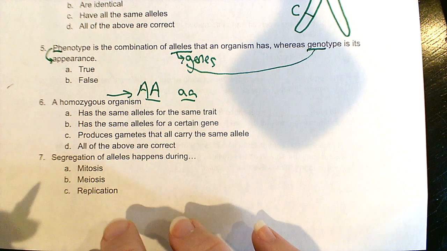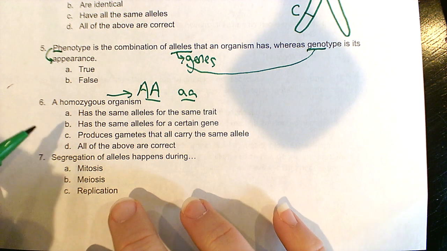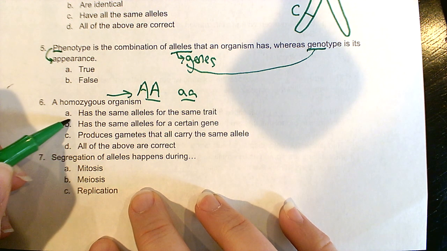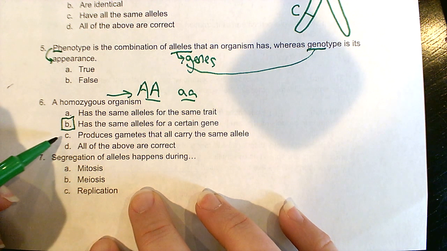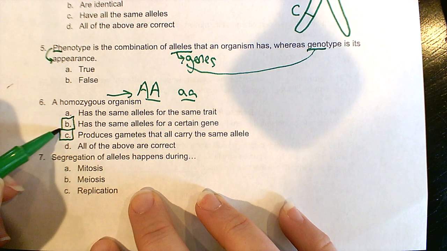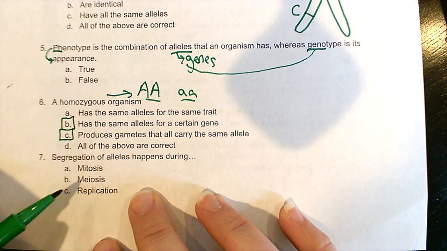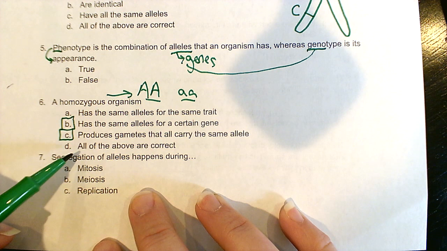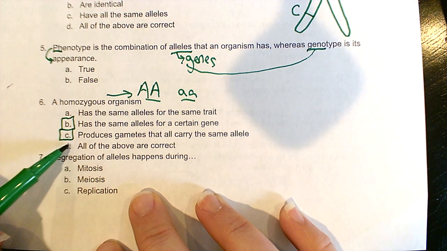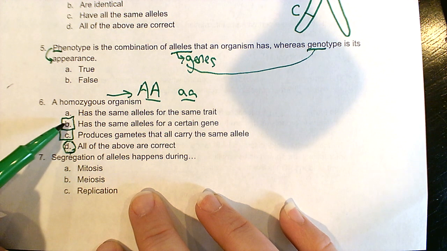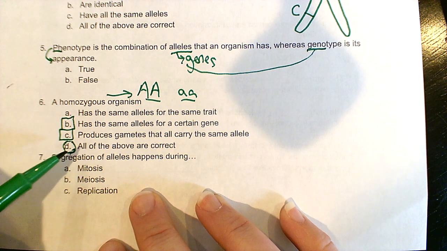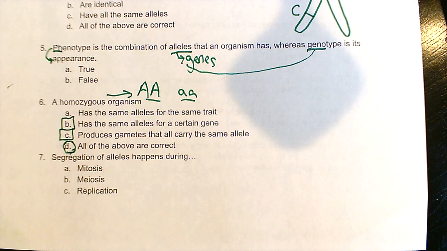So this is a good answer. This would also be a good answer, which means that that's kind of messed up. I bet that I was going for D when I wrote this, but I'll accept B, C, or D. Let's talk about why A is not quite right.